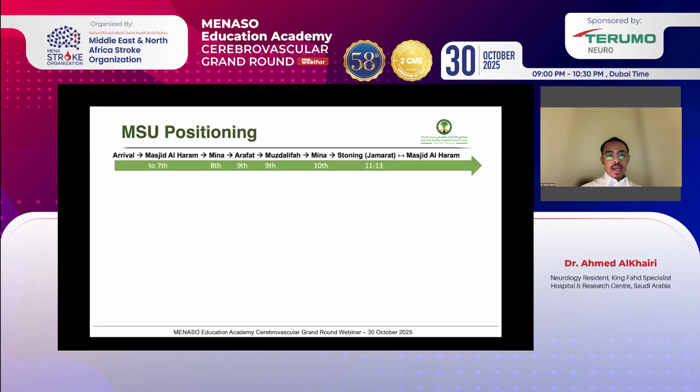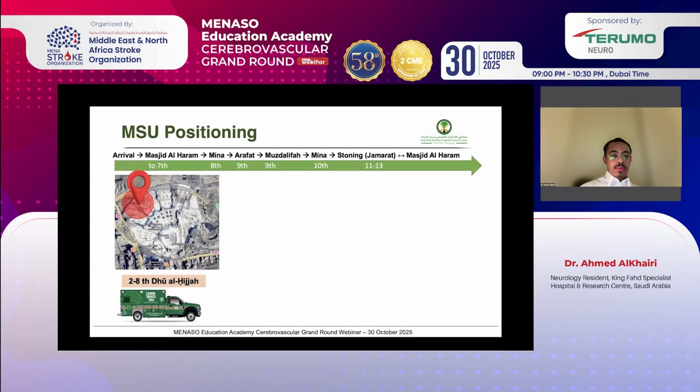So to understand the MSU position, we need to go back along the routes of the Hajj. From the arrival, we planned to position the MSU in the area of the highest pedestrian zone. The first position was Masjid al-Haram, as most of the pilgrims first arrive at Masjid al-Haram.